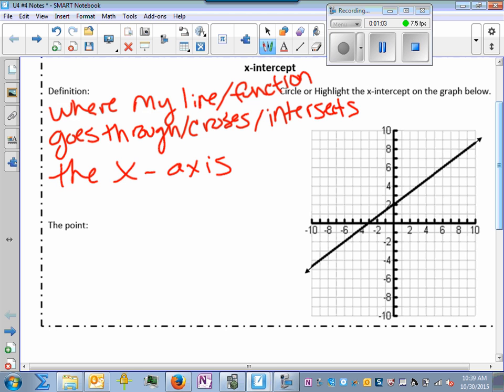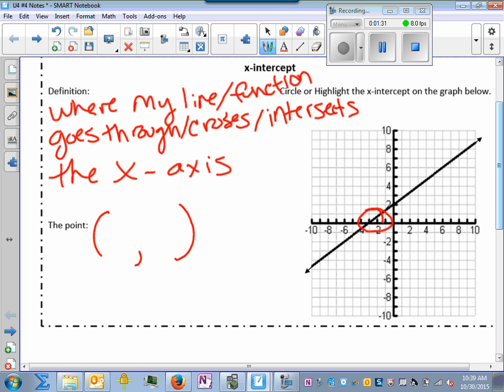So over here, first off, x-axis, this way or this way? Show me, I want to see everyone. This way or this way? X-axis, x. This way or this way? Good. So where does my line intersect my x-axis? -3, good, right here. So in my ordered pair, my x is what? -3.